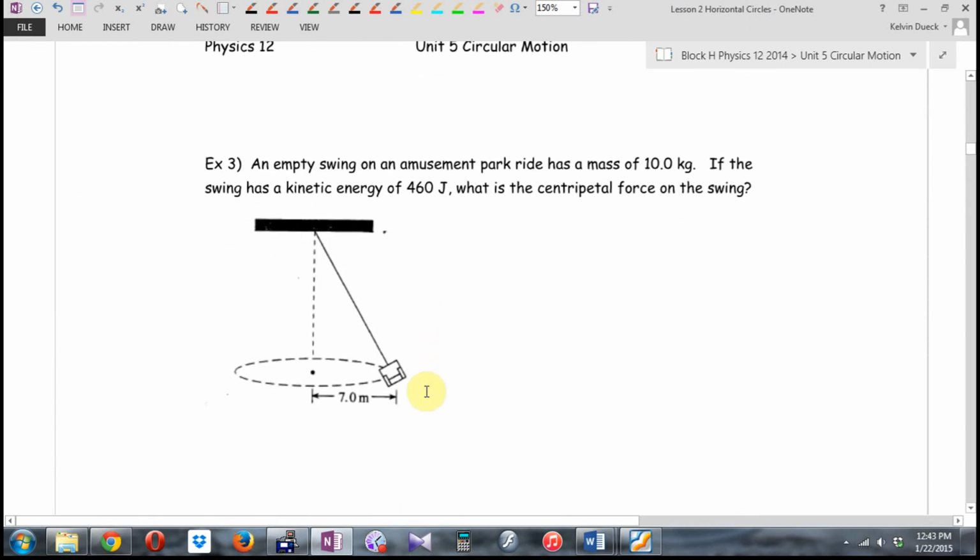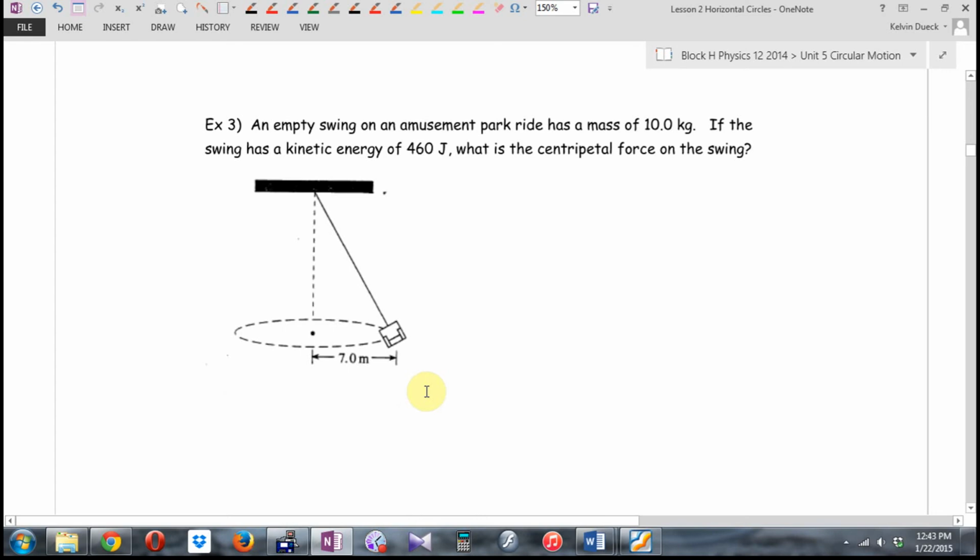Example 3. An empty swing on an amusement park ride has a mass of 10 kilograms. If the swing has a kinetic energy of that, what's the centripetal force on the swing? Well, they want me to find centripetal force.